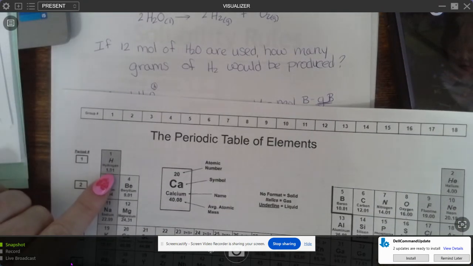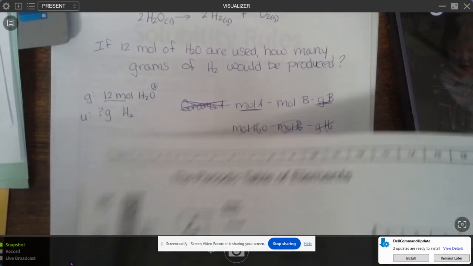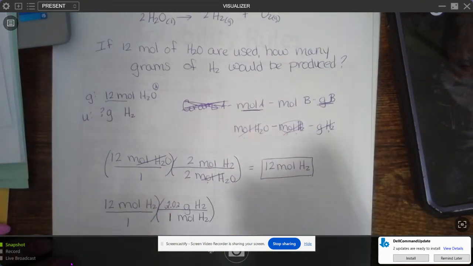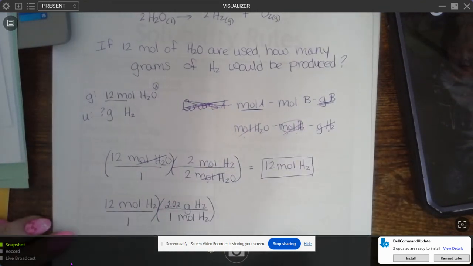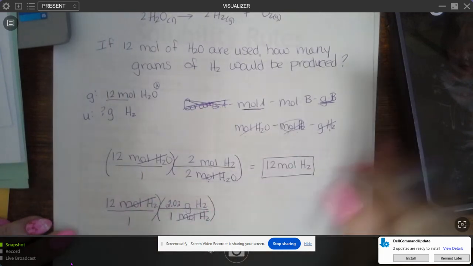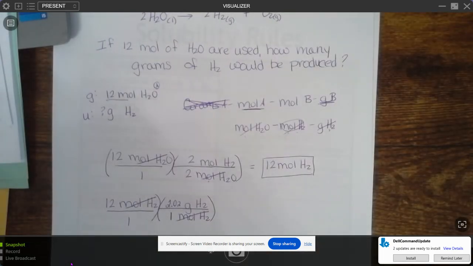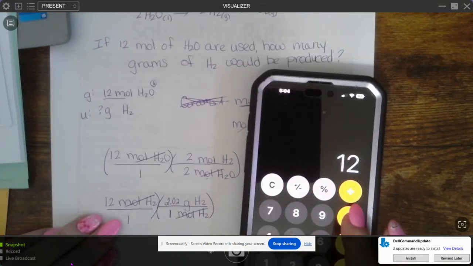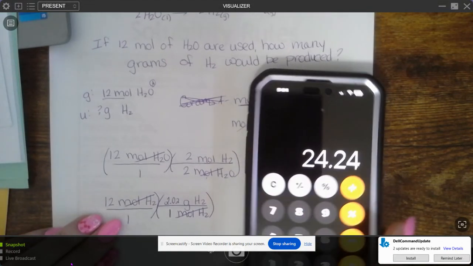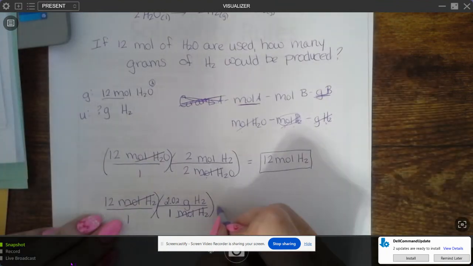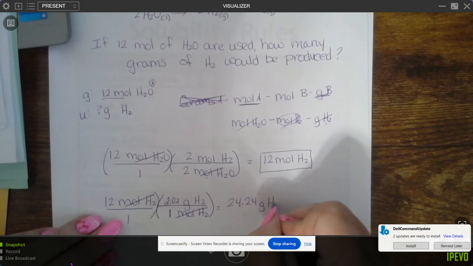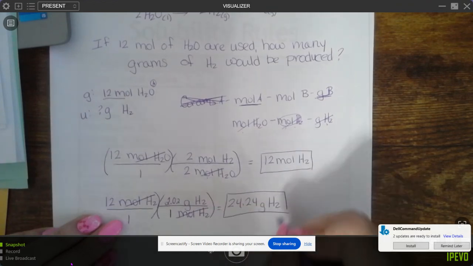So hydrogen is 1.01. I have 2 of them. So that's 2.02 grams of H2. Moles cancel out. If I do this math, I'm going to do 12 times 2.02, and I get 24.24 grams of H2 as my final answer.